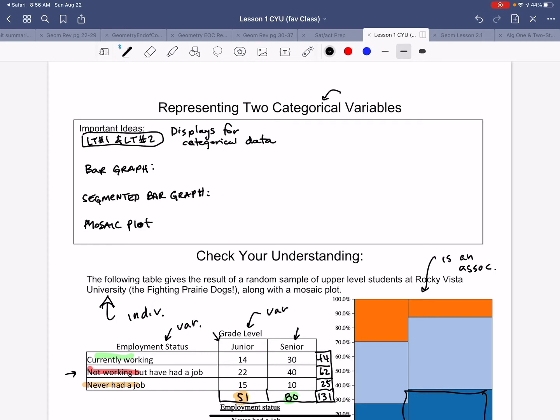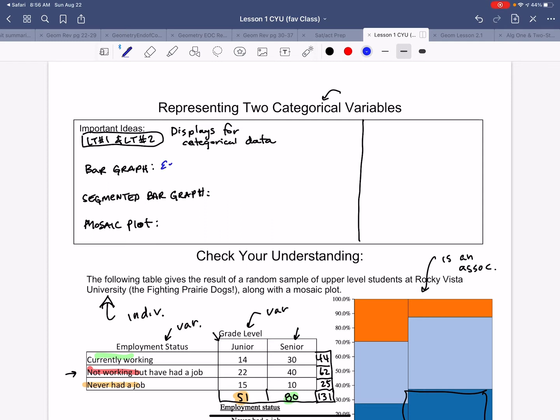Now, if we want to use our textbook to figure out what these are, we can, but it's also nice to actually put something in our notes that we can refer back to. It's quicker than looking in a textbook. So a bar graph is something very specific.